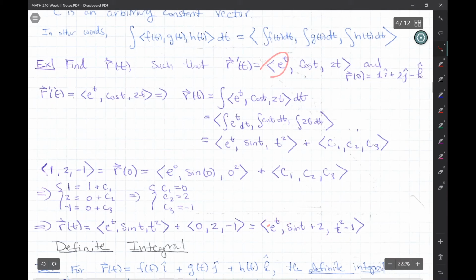You'll see e^t. The derivative of sine t plus 2 is just cosine. And the derivative of t squared minus 1 is just 2t. On the other hand, we need to make sure that at t equals 0, we get this vector. And you just plug in t equals 0 in here, and you'll see that indeed you would get 1, you would get 2 here, and you would get minus 1 there, which satisfies that condition.